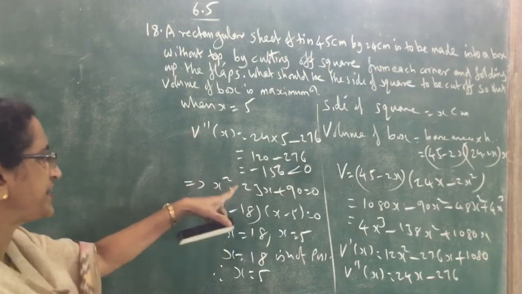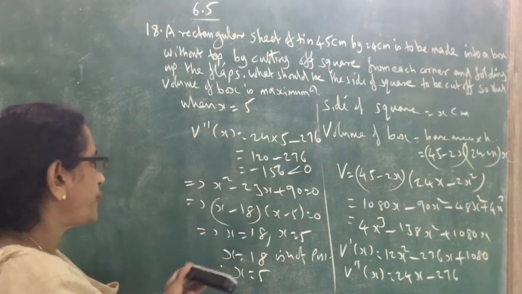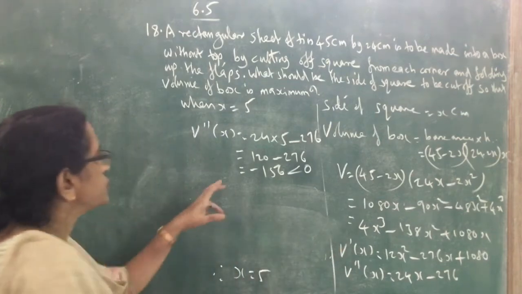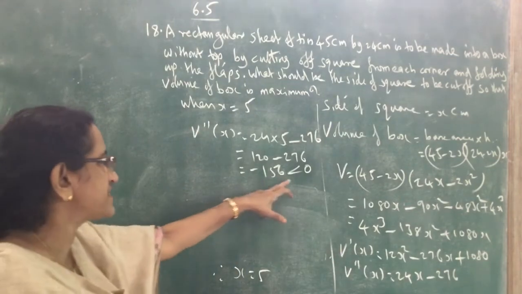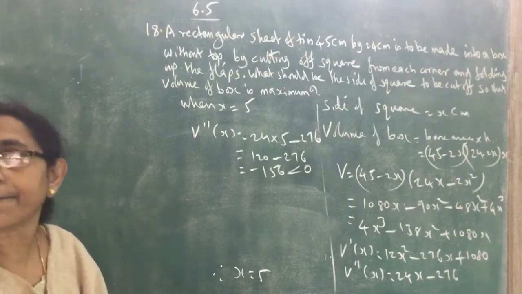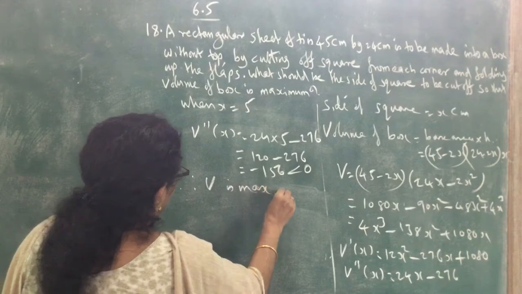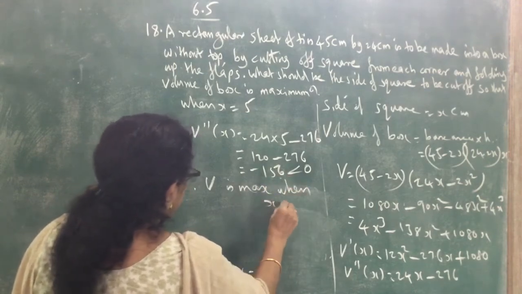So the second derivative is less than 0. That means the volume is maximum. Therefore v is maximum when x equal to 5.